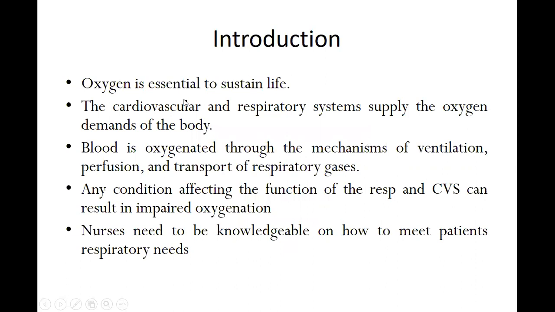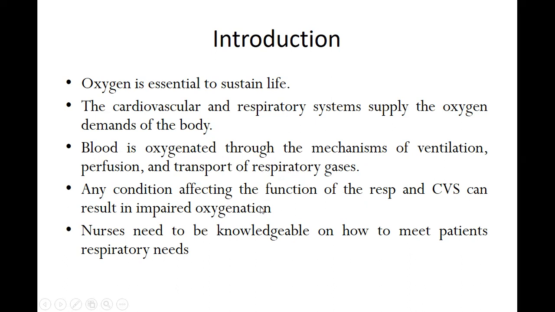So we know that oxygen is essential to sustain life, and for the body to receive oxygen, we need a good functioning cardiovascular system as well as respiratory system. Now, blood is oxygenated, as we know, through mechanisms of ventilation in the lungs, then perfusion and transport of respiratory gases.